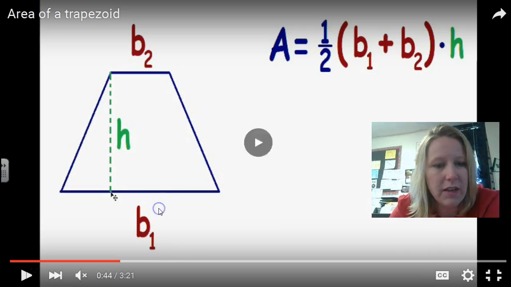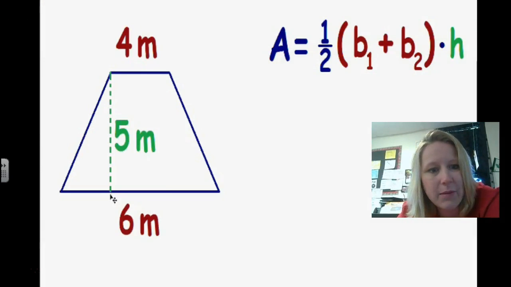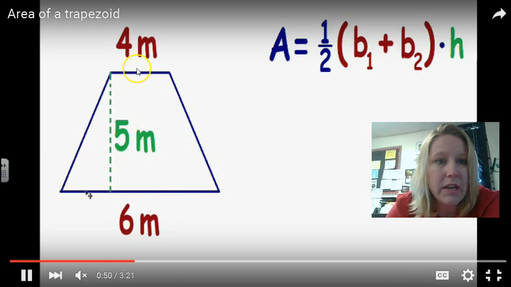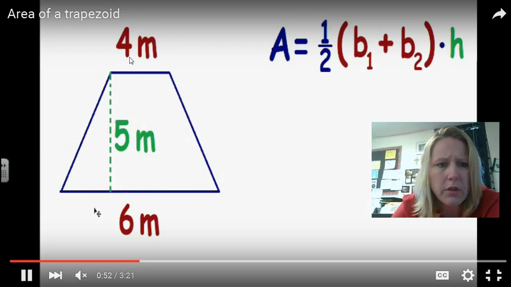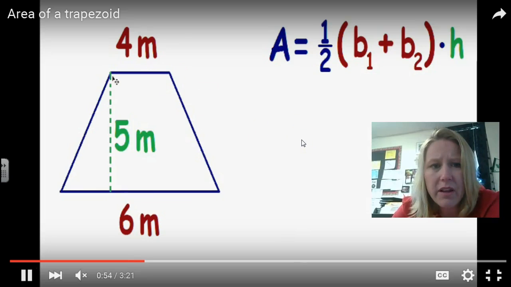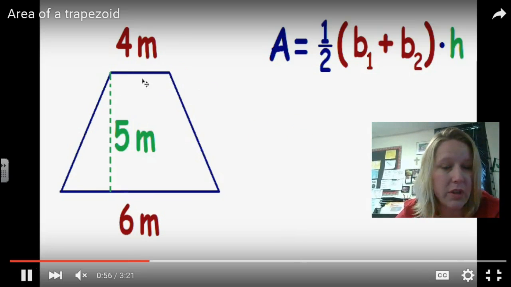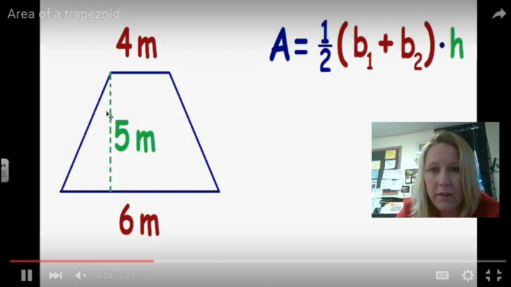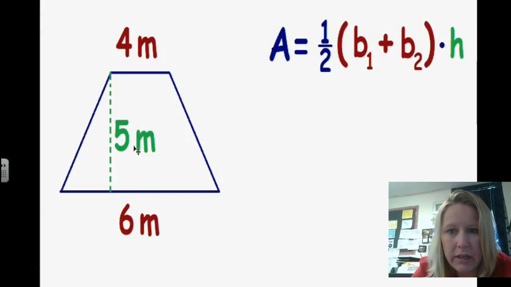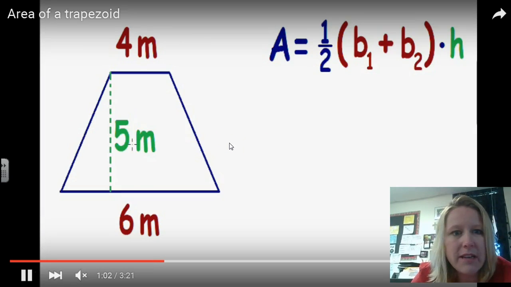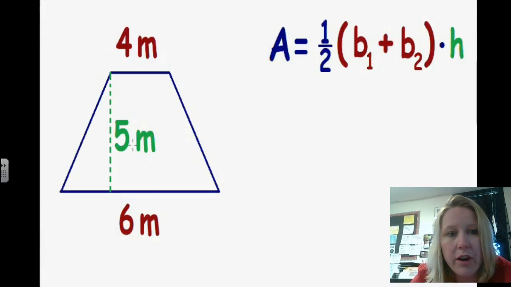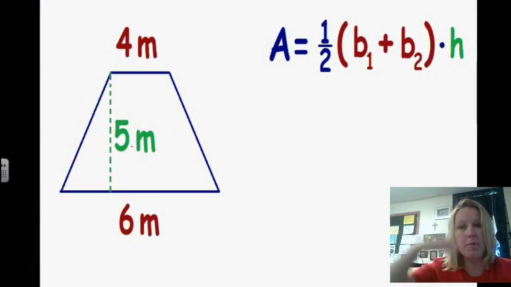So in our first example here, base 1 is going to be 6, and base 2 is going to be 4. So we're going to substitute that information into the formula for our bases. And then the height, remember, is always how tall your actual trapezoid is from the bottom to the top.